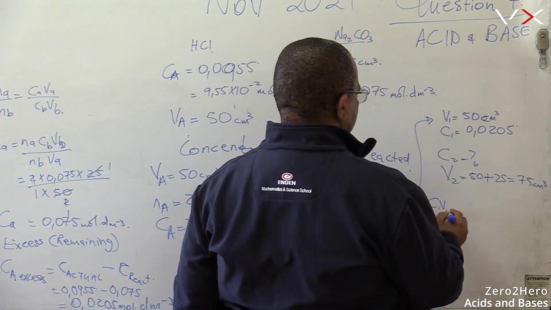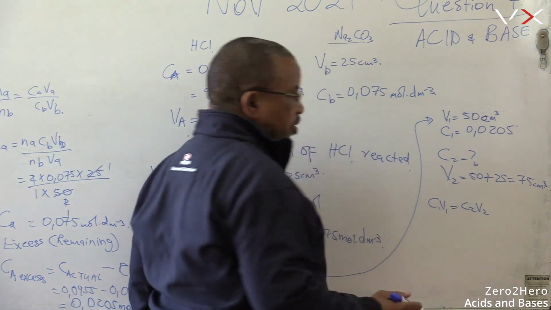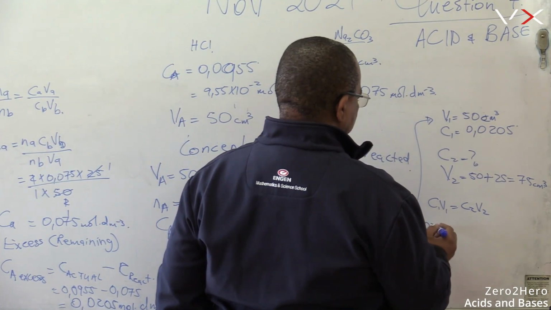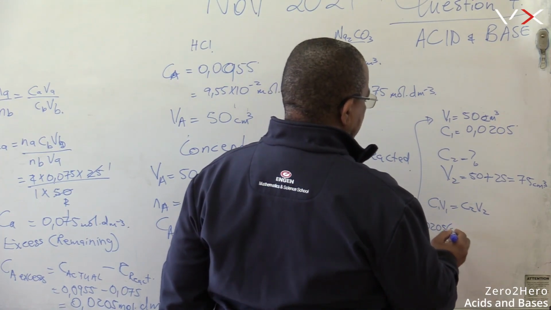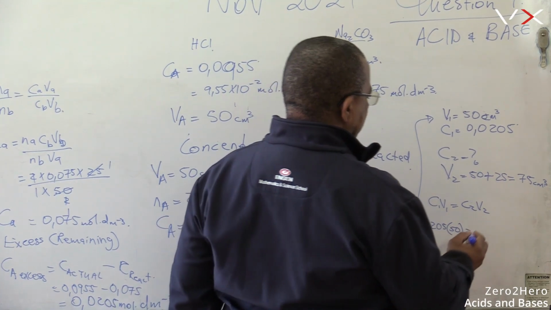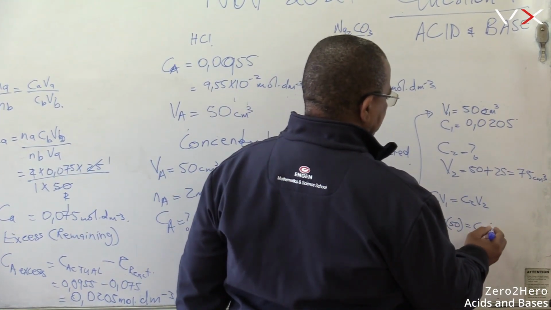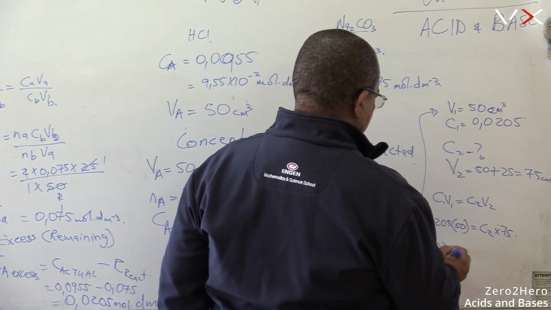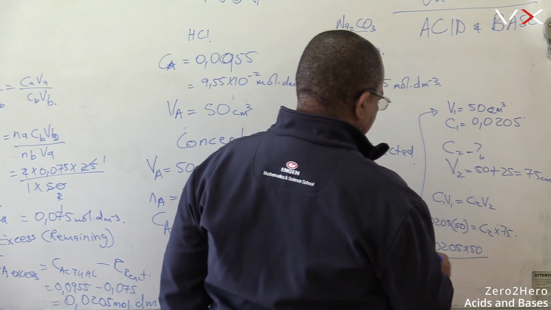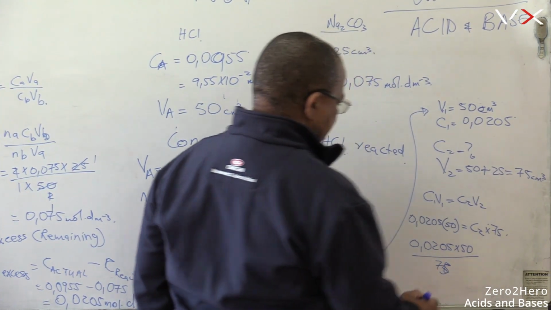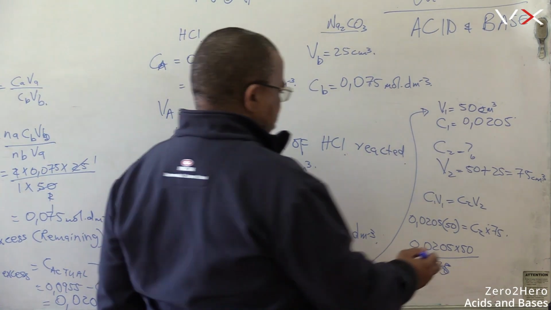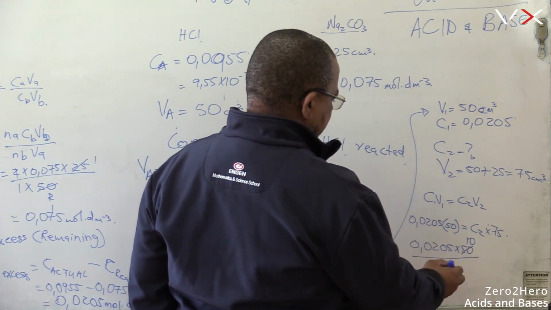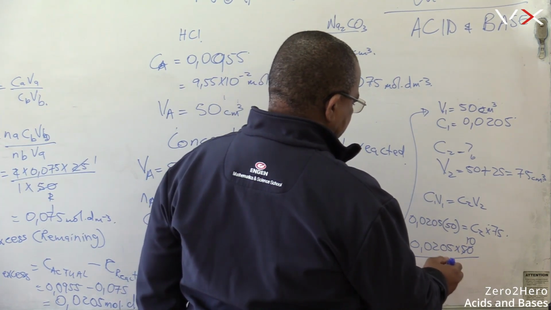Then we say C1V1 is equal to C2V2. C1V1: the concentration is 0.0205 in 50, equal to the concentration in the new solution, which we don't know, times 75. So 0.0205 times 50 over 75. Let me make life easier: 5 goes into 50 ten times, and 5 goes into 75 fifteen times.